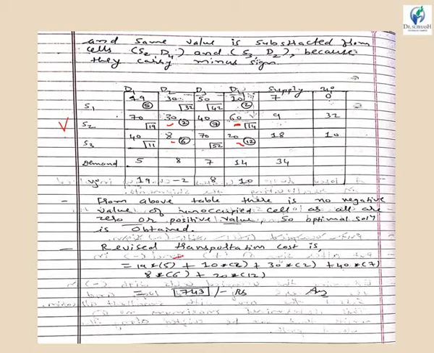The values shown in brackets are Xij, that is, the number of units that can be transported between S1 and D1. The value without brackets is the unit cost of transportation from the ith source to the jth destination. You can see the total transportation cost we obtained by reallocating is now 743. So this is your final answer.